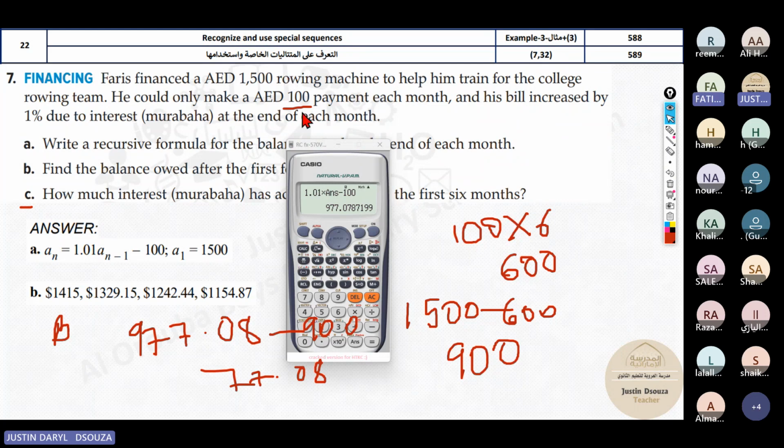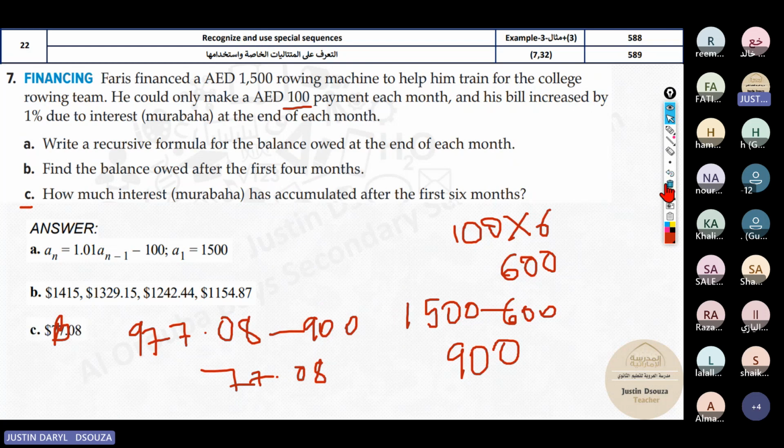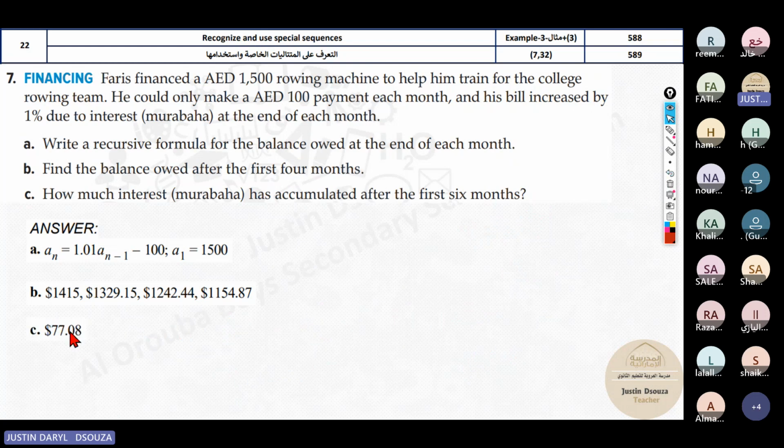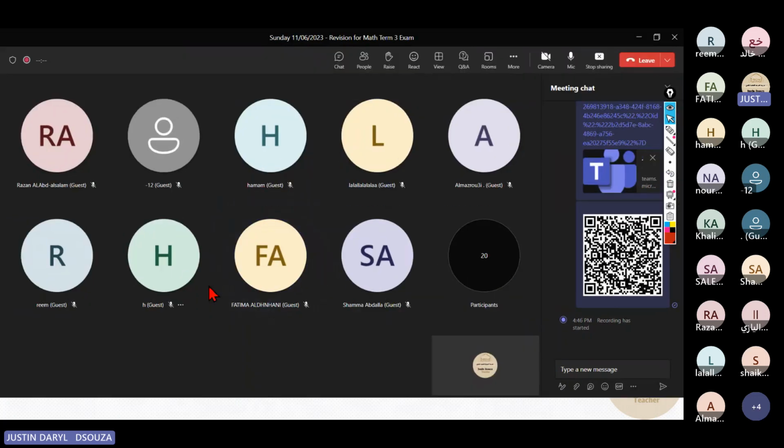So basically how much payment he has made, subtracted from the total amount, will give you the actual balance. But the balance with interest will be more because there is interest added, right? So after 6 months, there was 77.08 dirhams of interest added. So the difference over here is basically the answer, that is 77.08. Is that okay, guys? Is that clear?